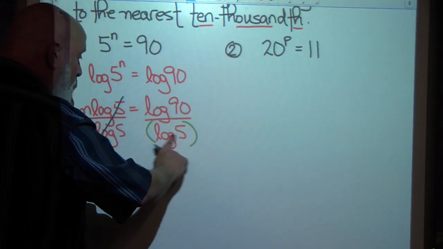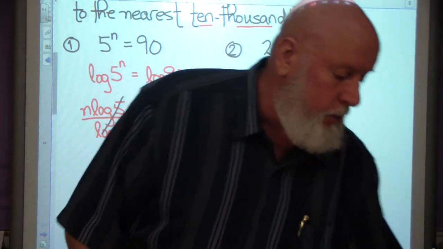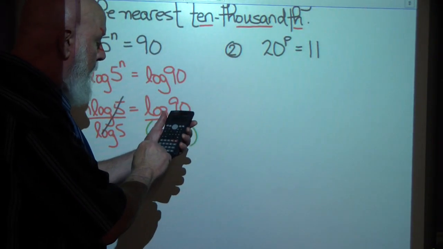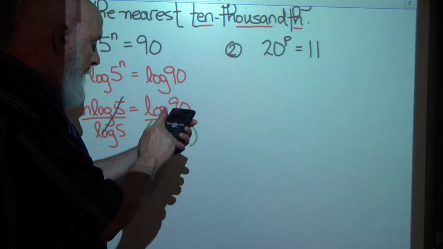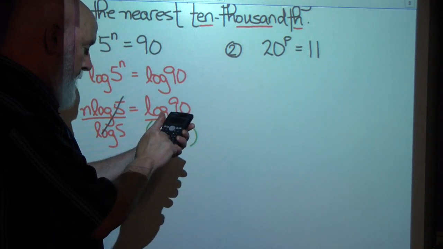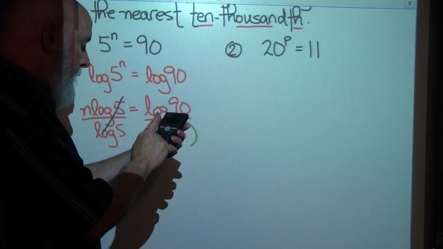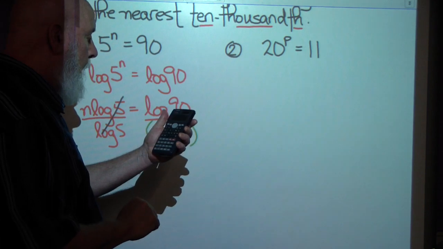So we're going to do this and round it to the nearest 10,000th, the fourth decimal place. Here we go, log 90. There's my log button. Divided by log, parenthesis, log 5. Close parenthesis, equals.